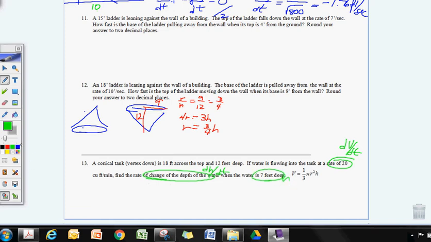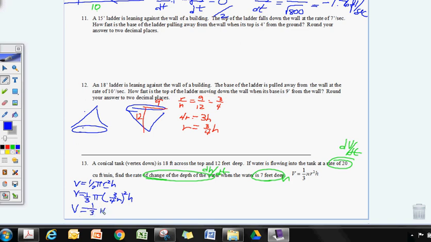So with my equation, volume equals 1/3 pi r squared h, I can't have r in here because notice this is h, dh, and so on. So volume would equal 1/3 pi, radius gets replaced with the 3/4 h, squared, times h.